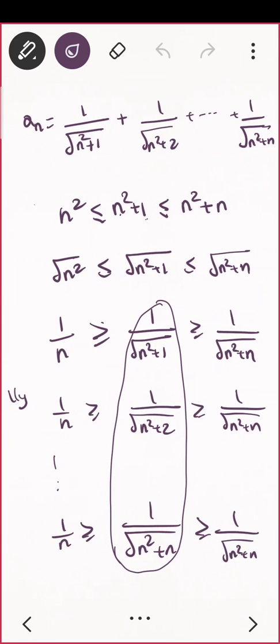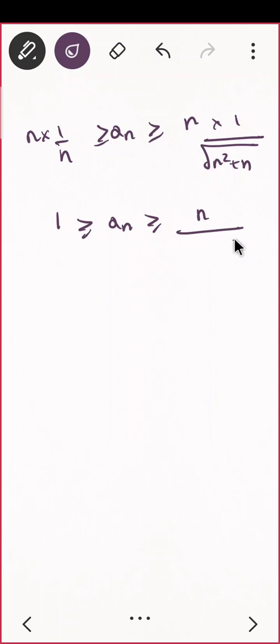What about this? n times 1 upon square root of n square plus n. Okay, so this is 1, that is greater than or equal to an, that is greater than or equal to n upon square root of n square plus n. So you already know this converges to 1, but what about this?